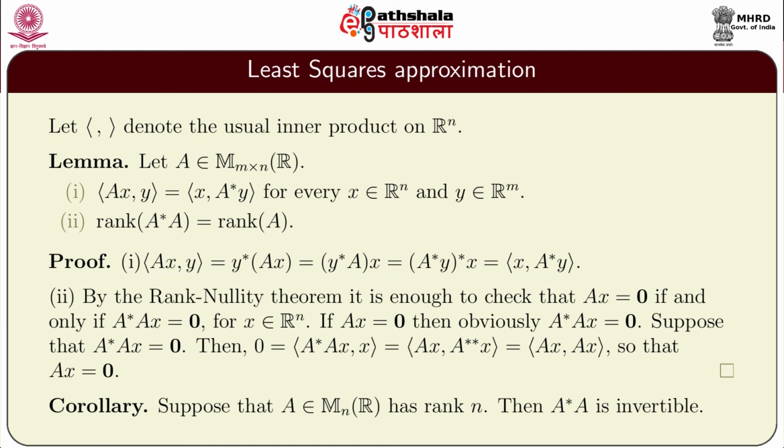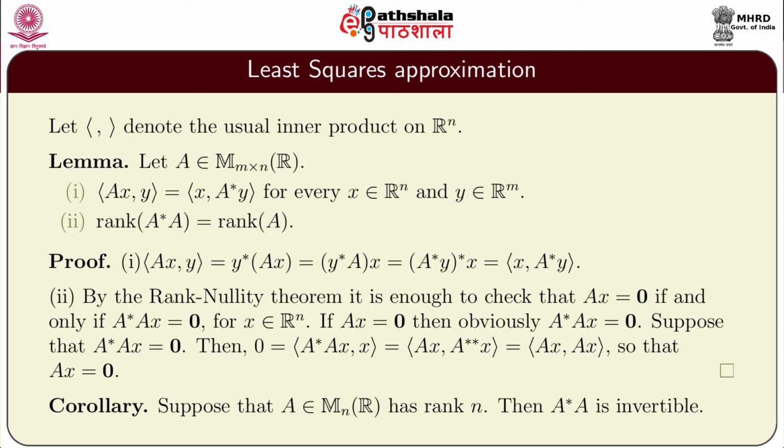And part 2, by the rank nullity theorem, it is enough to check that Ax is equal to 0 if and only if A star Ax is 0 for x in Rn. Now, if Ax is 0, then A star Ax is 0.